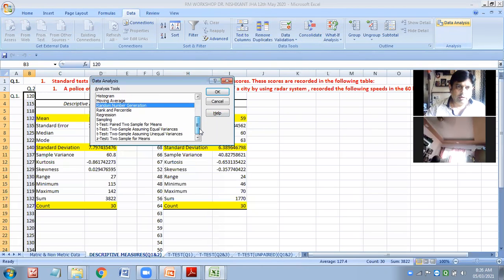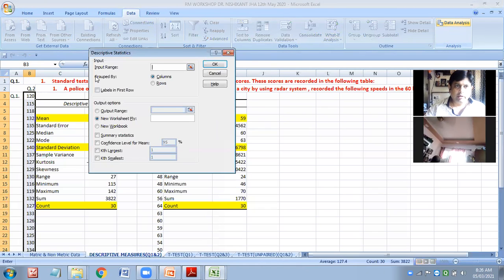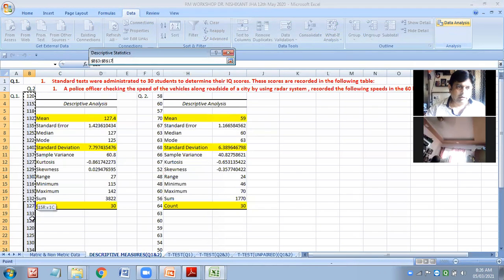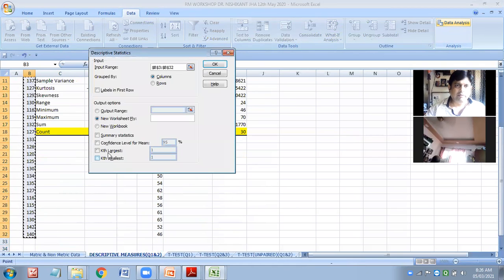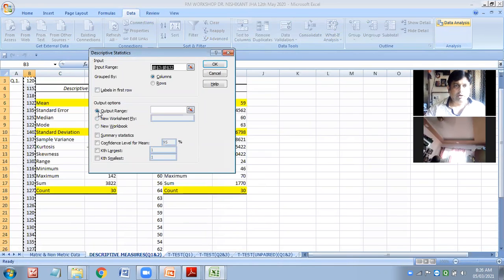What will I do? I'll ask them to do me the favor of descriptive statistics. They will say okay. They will ask what is the input range, what data you have. I will tell them, boss, this is my input range. They say okay, fine. If there is any labeling, then we'll put it. They'll ask where you want it to be. Oh, ye input nahi aa gaya.